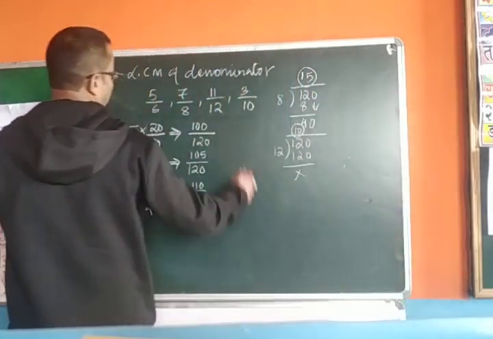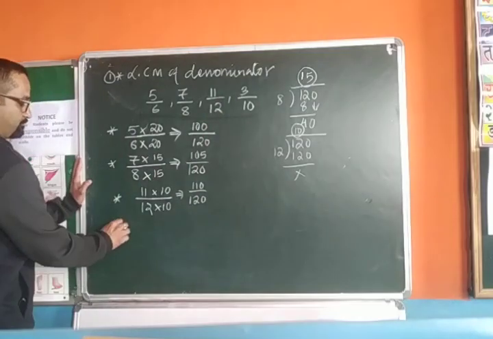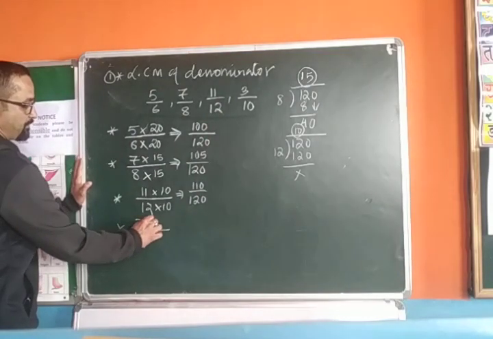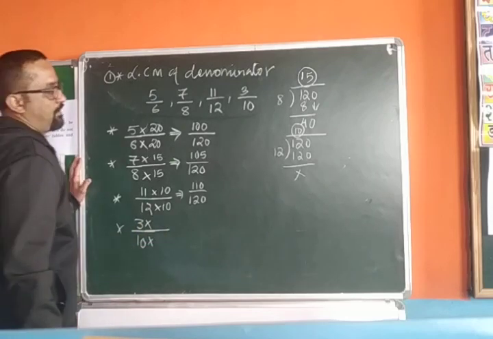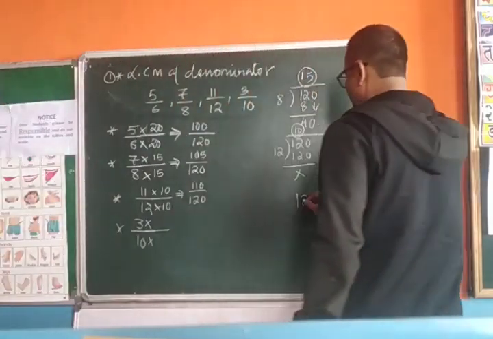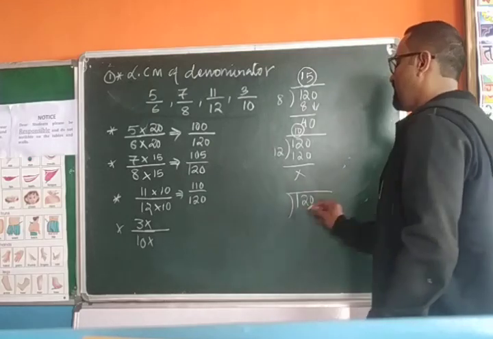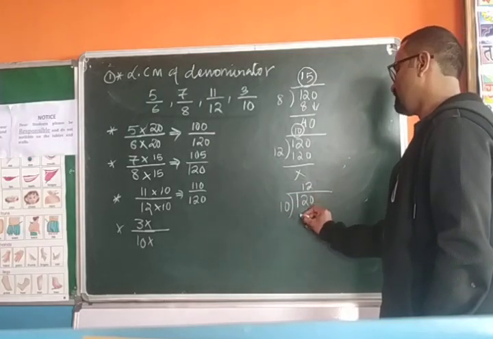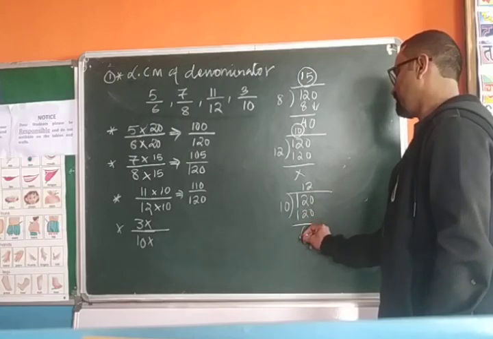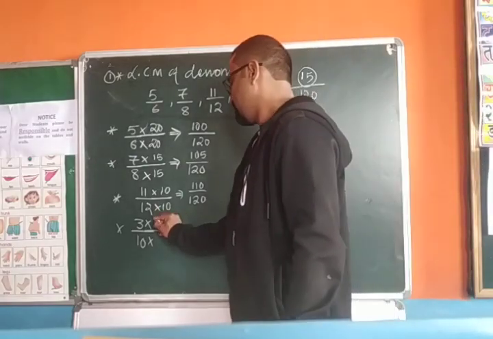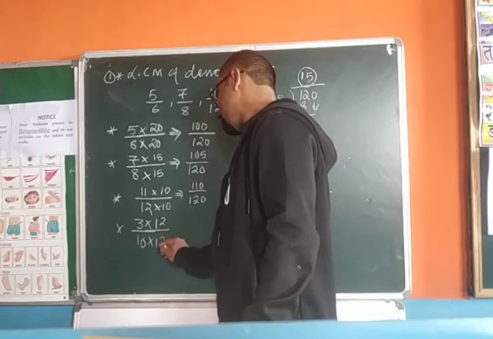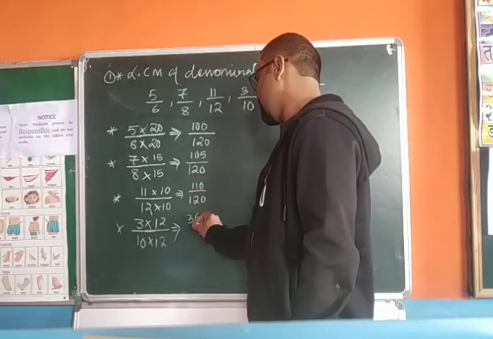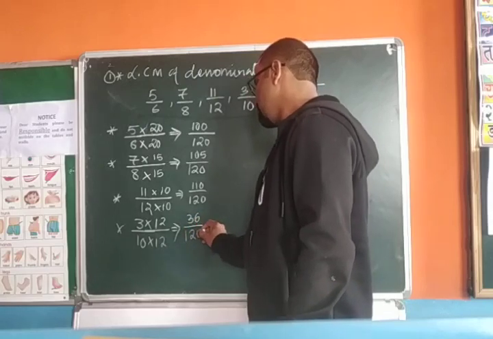Write down the fourth, 3 divided by 10. 120 LCM divided by denominator 10, 12 times 10 is 120. You get 12. 12 multiplied by 3 is 36, over 120.